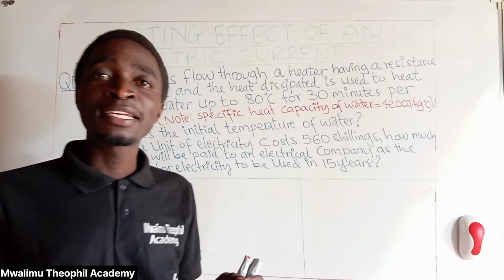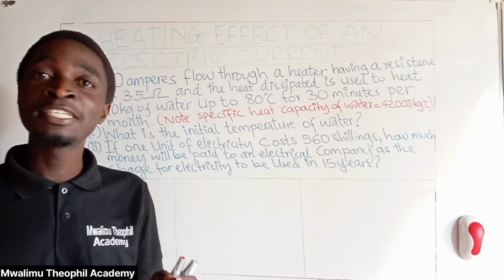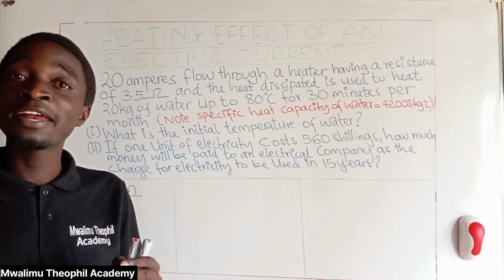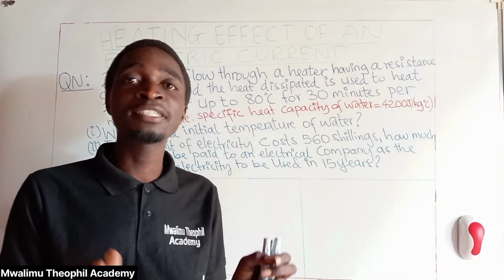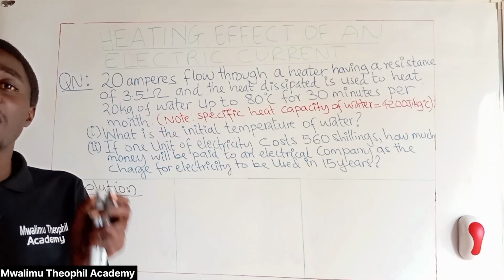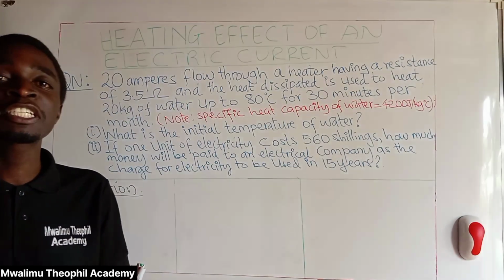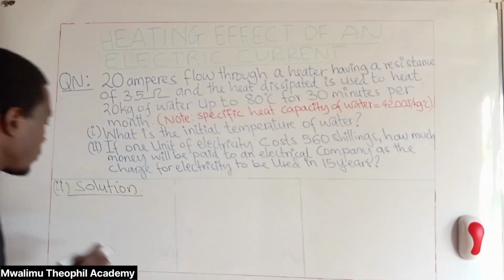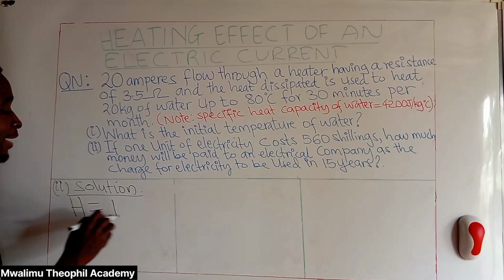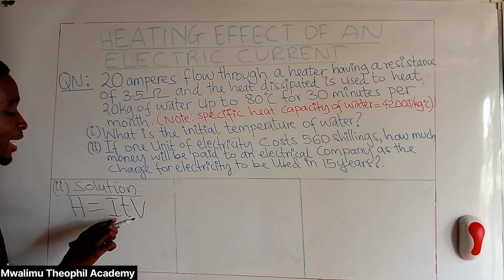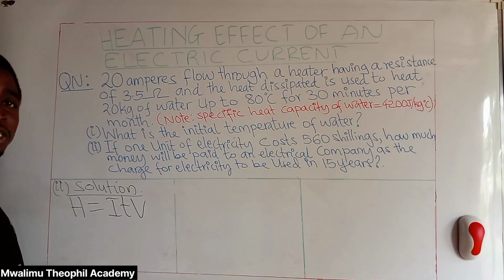As we have said, the amount of heat energy dissipated when a given electric current is passing through a conductor is given as the product of current, time, and the voltage supplied. So heat dissipated is equal to ITV, meaning current times time times the voltage supplied.